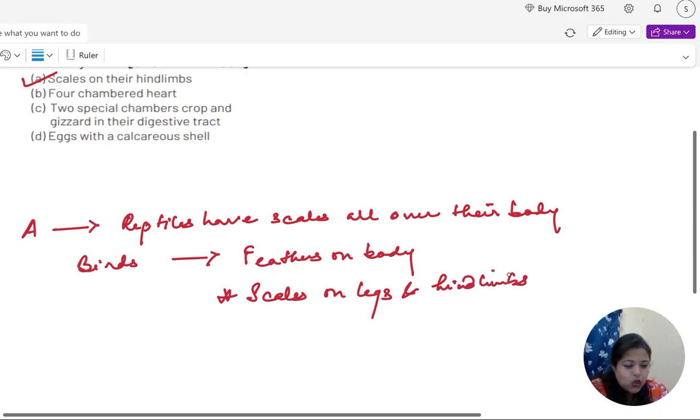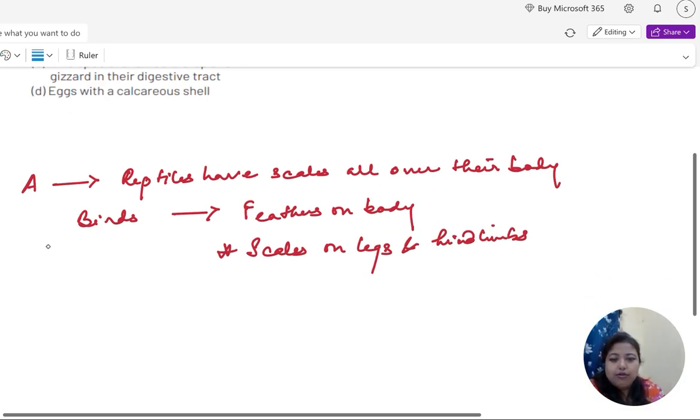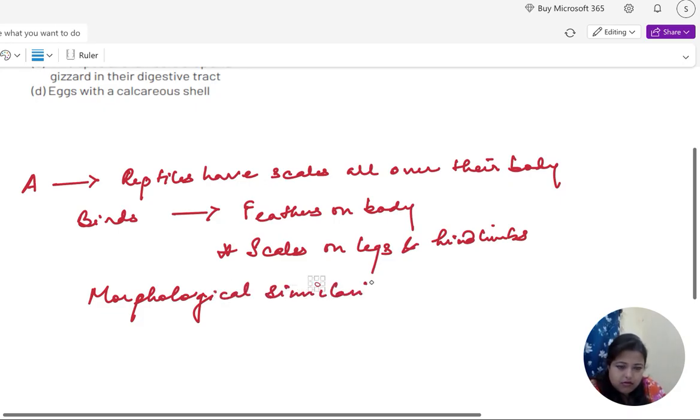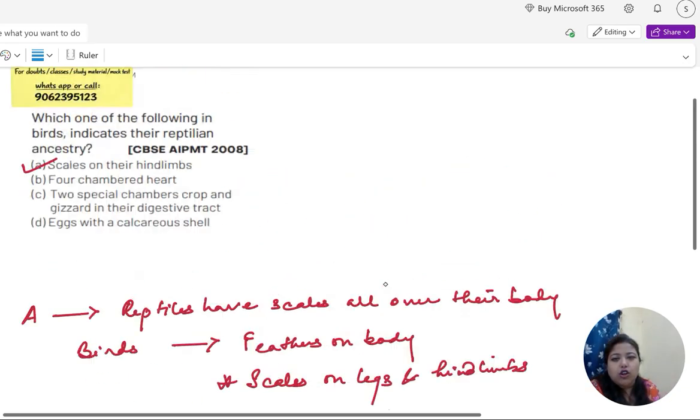Clear? So this is a direct morphological similarity. This is morphological similarity.